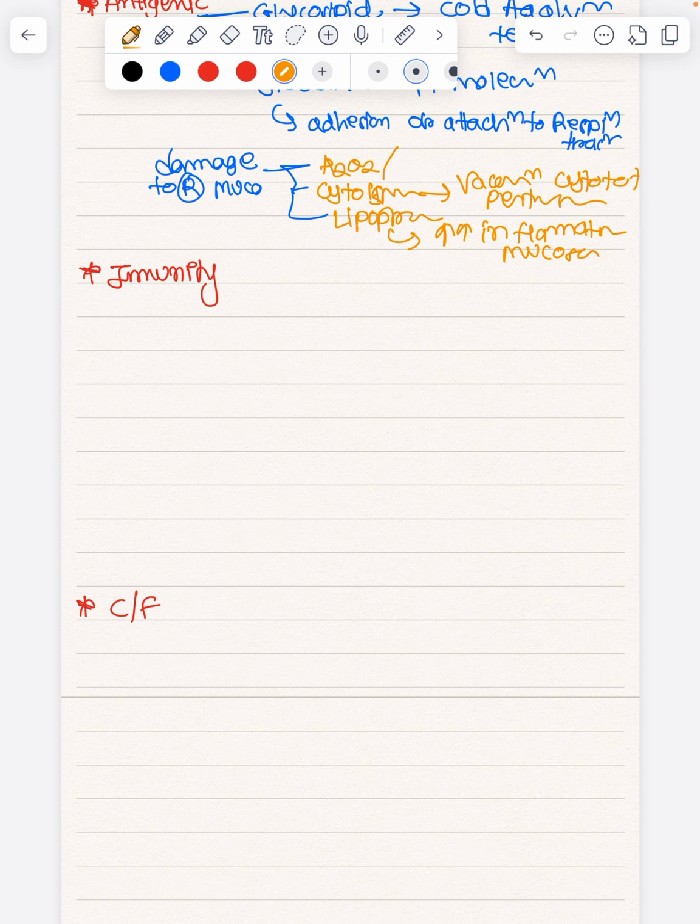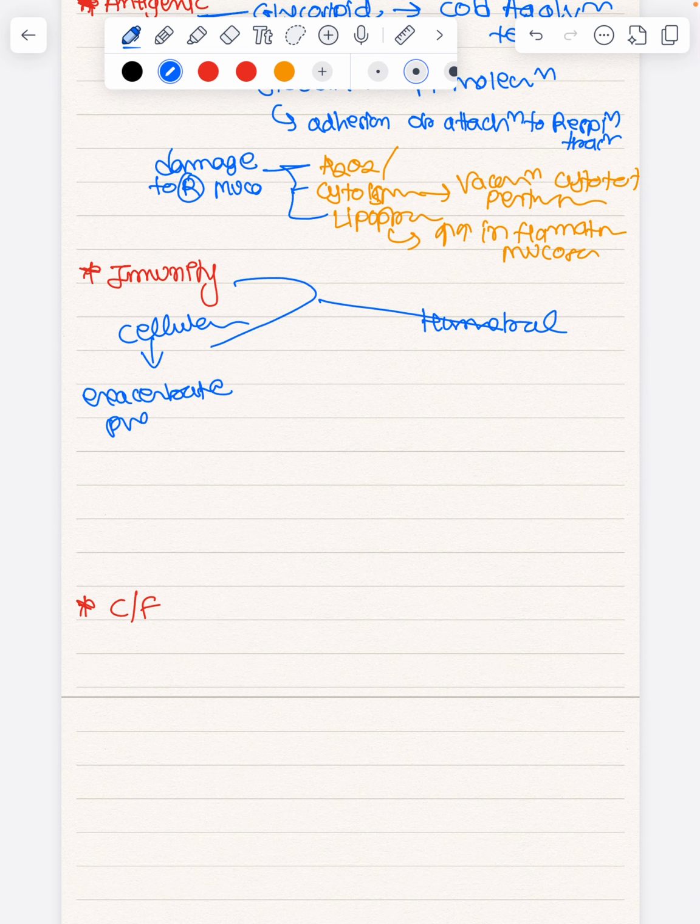Now coming to the immunopathogenesis of the mycoplasma, there are two parts: cellular immunity as well as humoral immunity. Cellular immunity exacerbates the pathogenesis of the pneumonia, so it increases the pneumonia.